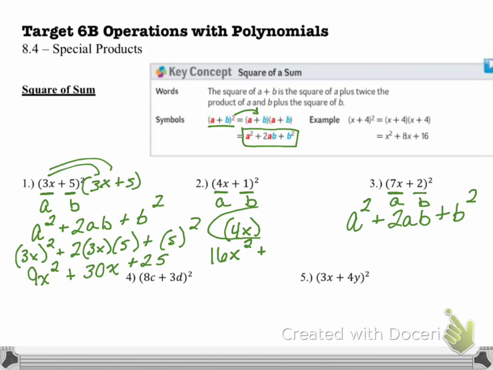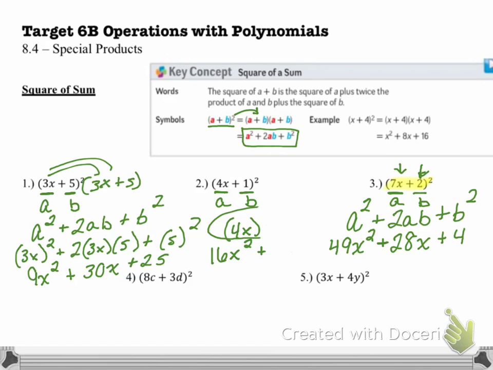Instead of substituting in my values, I'll just square the a value, which gives 49x squared, plus. Here's a neat trick: I'll multiply the inside and then double it. 7x times 2 is 14x, and if I double it, that gives me 28x. Then I'll square the b value, and that gives me 4.